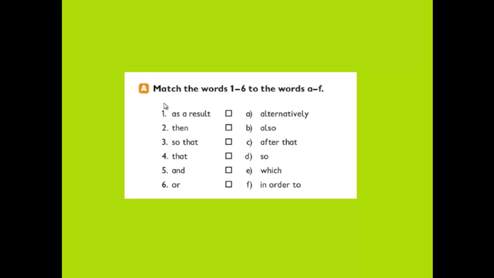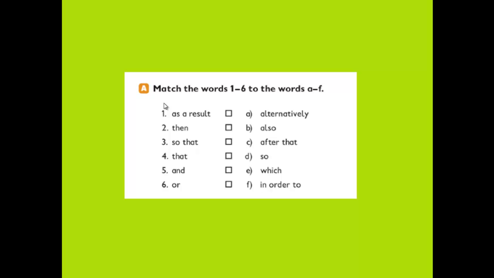And we are asked to match between the words in the first and the second column. Number 1, as a result, we can match it with number D, so. As a result, so. Number 2, then.